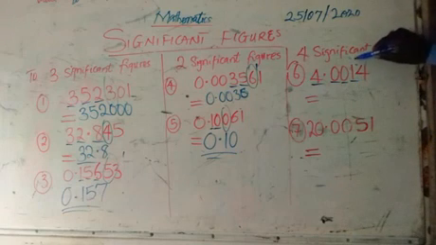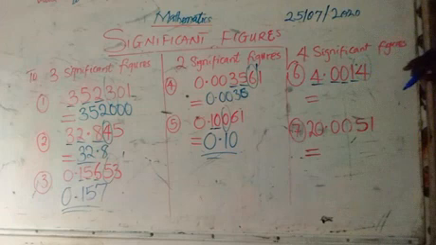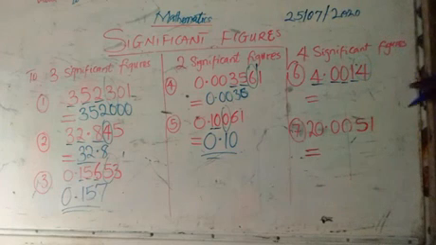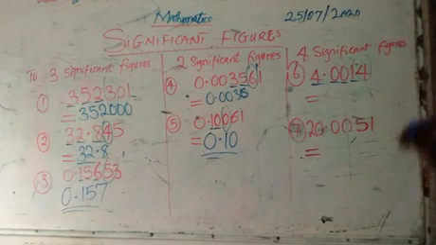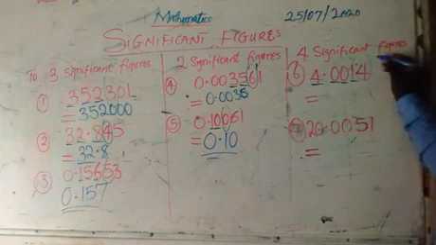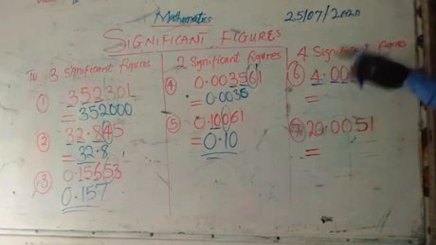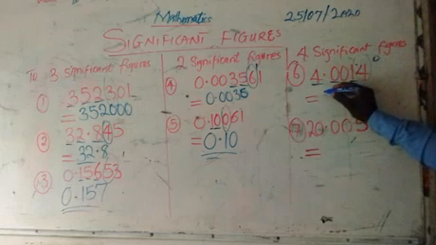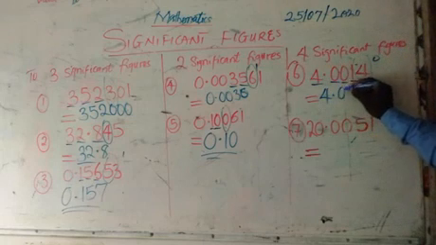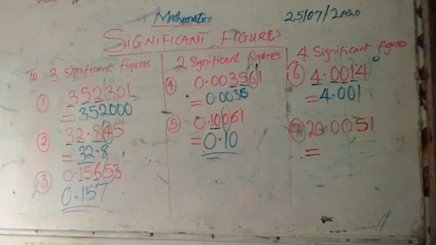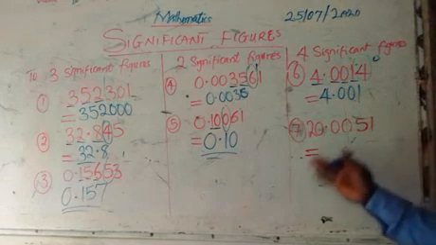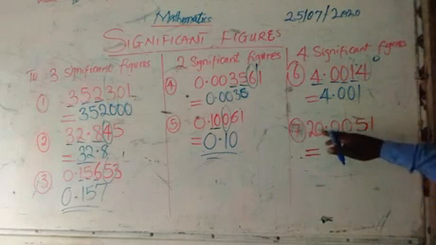Since the fifth significant digit there is 4, it's not up to 5. We round it down to 0. So we have 4.001 plus 0, which will still be the same thing, 4.001.